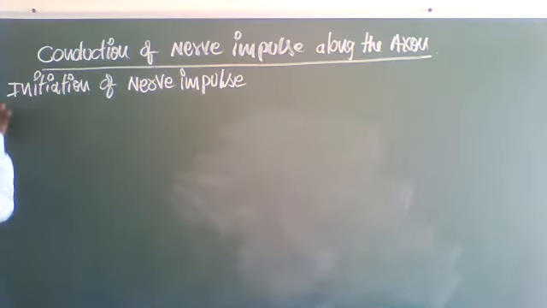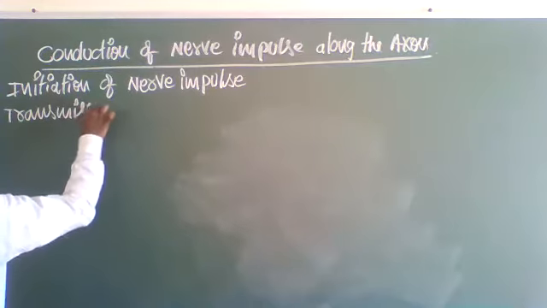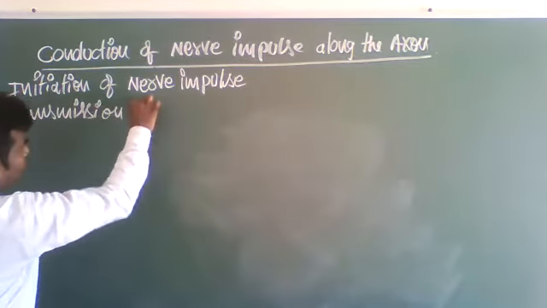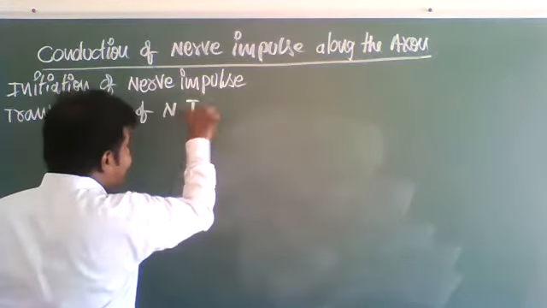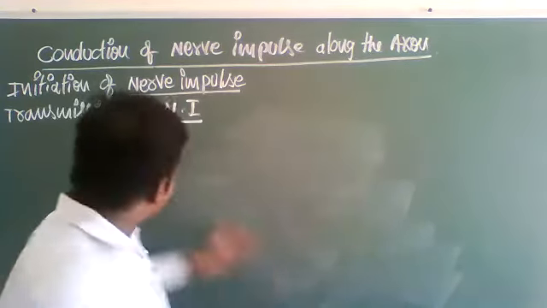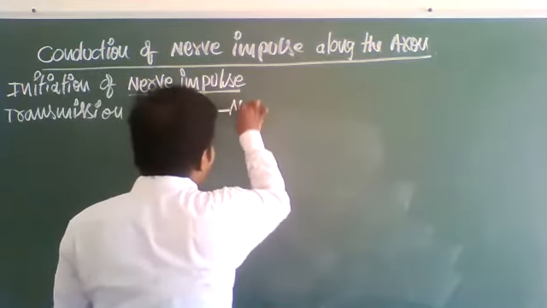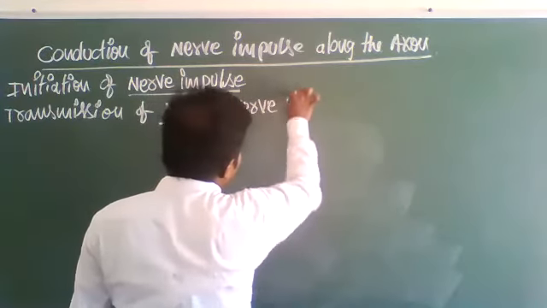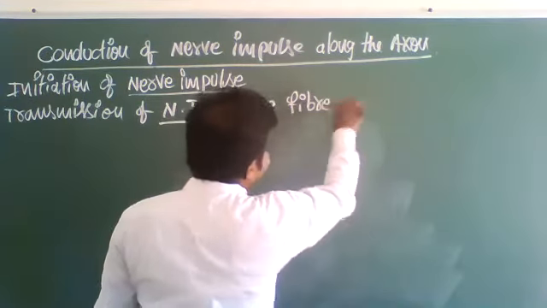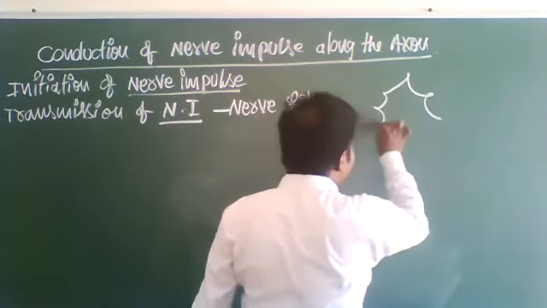The second one is transmission of nerve impulse, NI means nerve impulse, along the nerve fiber. Already everybody knows that.